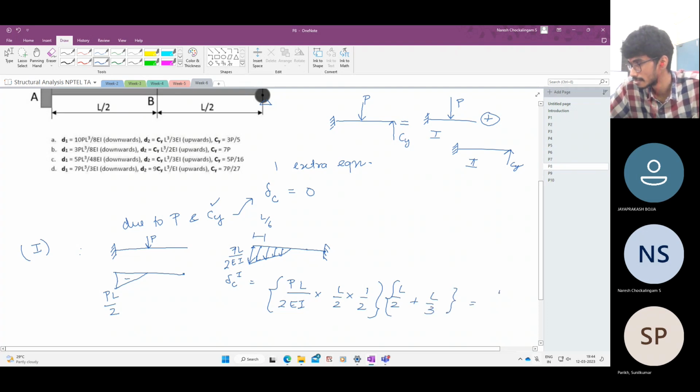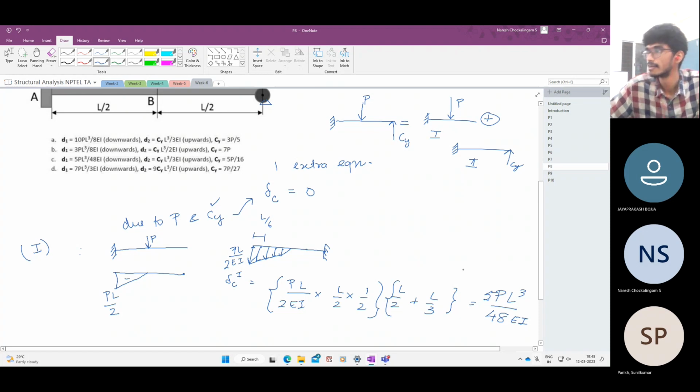So this is nothing but PL cube by 8 into 6, 48. So delta C1, which is caused by the single midspan load alone, is PL cube by 48 EI. And because of Cy, that is a very simple case, you know, for a tip loaded cantilever, and this is minus or plus? Minus, because this is minus.